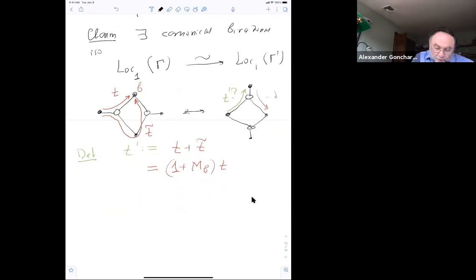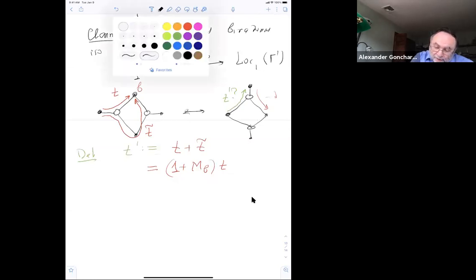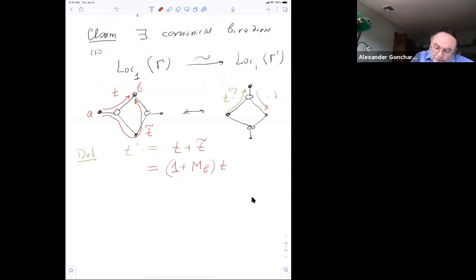So I have to label the vertices here. This is A, B, C, D, and this is A prime, B prime, C prime, D prime. Now, the definition works as follows.